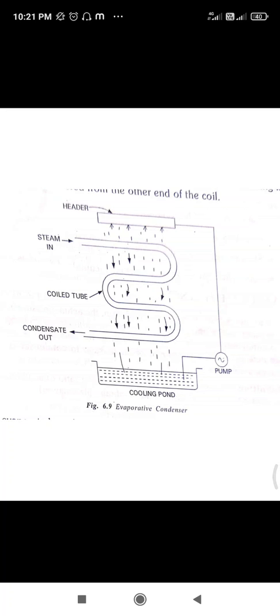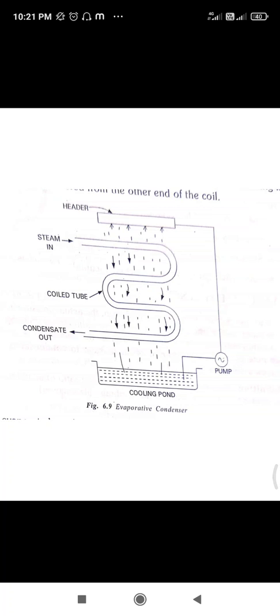The condensate at high temperature can be reused as feed water to the boiler. This increases the efficiency of the plant and minimizes fuel consumption. This is the working of the regenerative surface condenser.